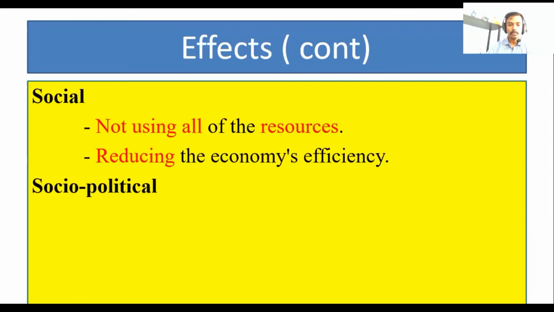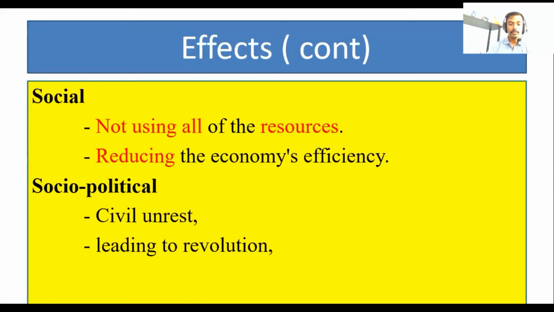Then socio-political effects. First is civil unrest, which means conflict. Then it leads to revolution. Students, as we know in the history of the world, why were there revolutions in USA, Russia, Germany? The fundamental factor is lack of jobs.